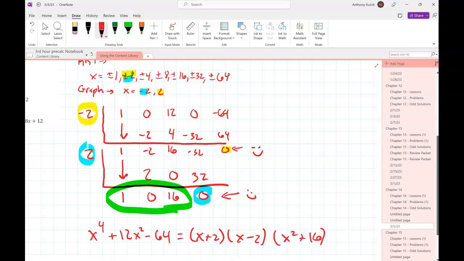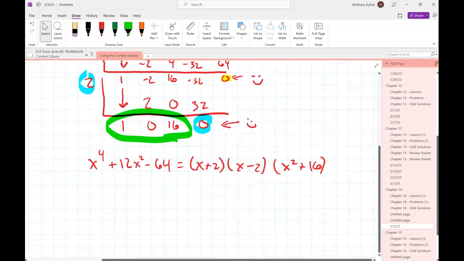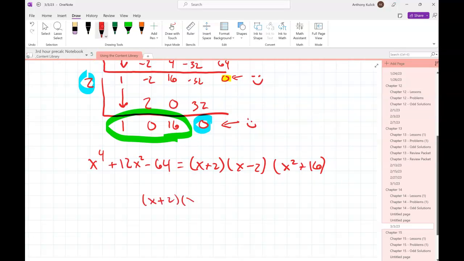I'm not going to bother writing the 0x. So far, so good? This I can now set equal to 0 since I'm looking for the zeros, and I can apply the zero product property to set each factor equal to 0.